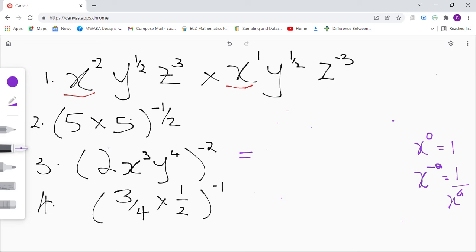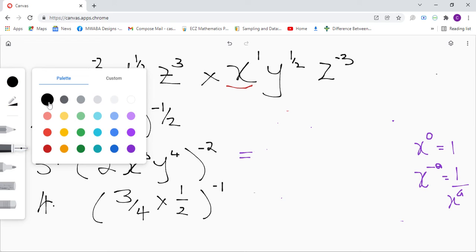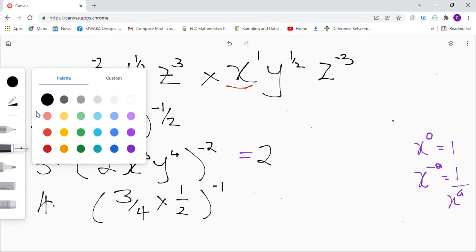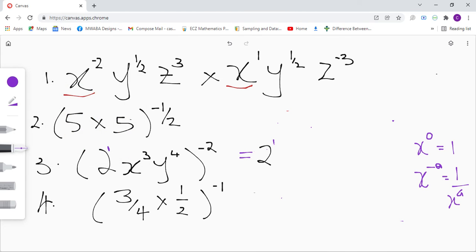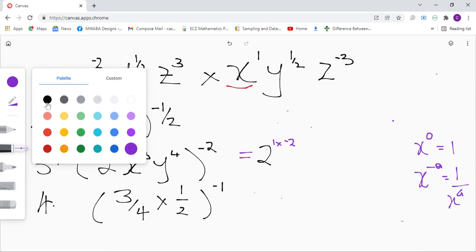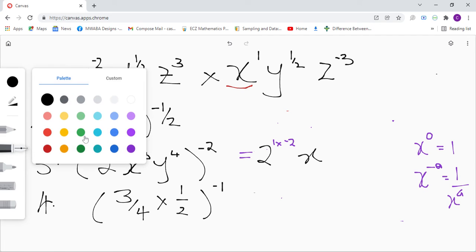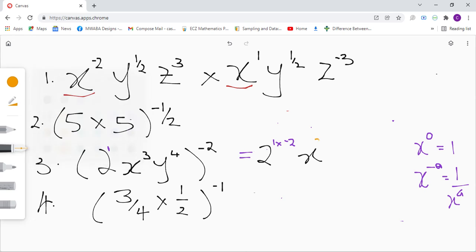So this is like 2 to the power 1. So we're going to say 2 to the power 1 times negative 2. Then we have x to the power 3 times negative 2, and y to the power 4 times negative 2.